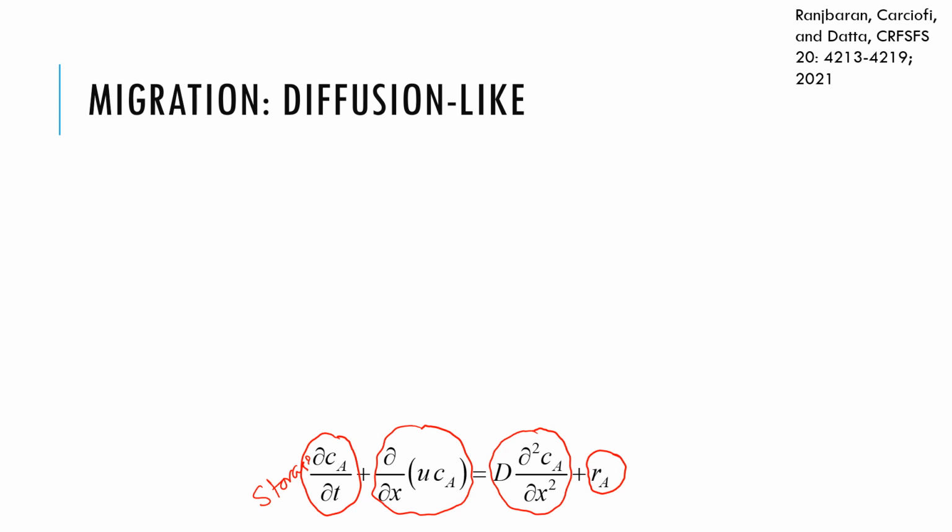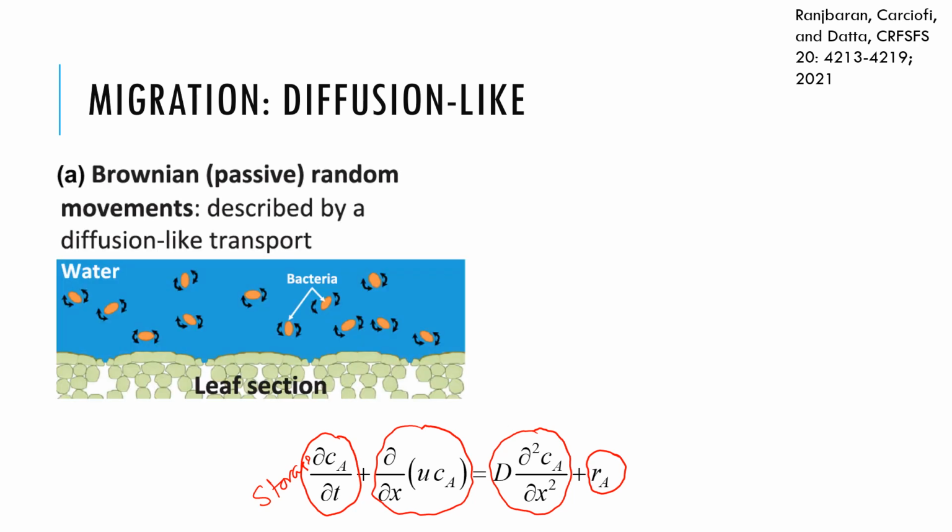When we are referring to bacteria, this diffusion-like process can be Brownian motion. What is Brownian motion? It is an incessant movement that you can see in the video that shows up on the screen.